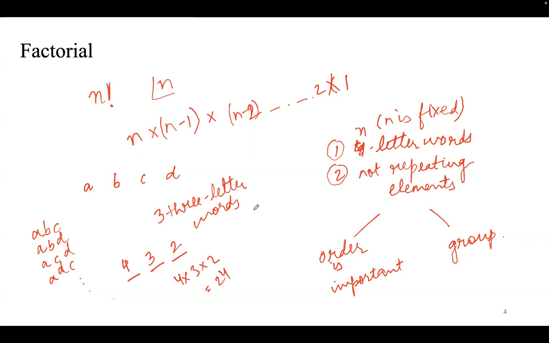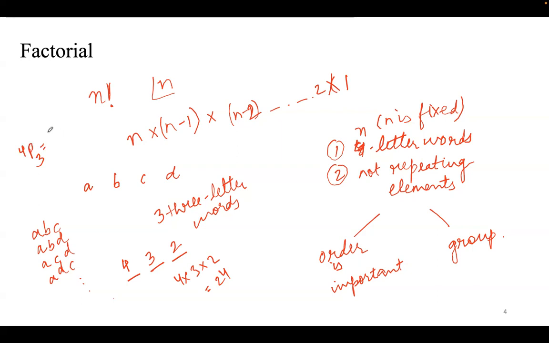Now, let's try and understand this in terms of permutations. This is represented as 4p3, right?